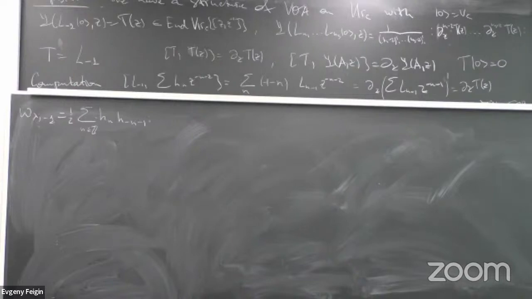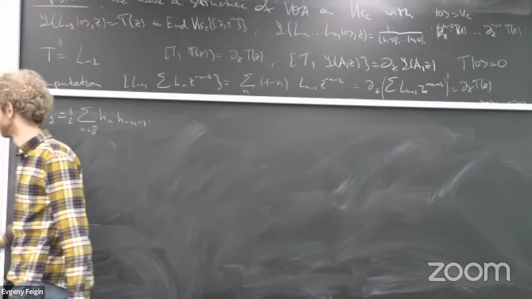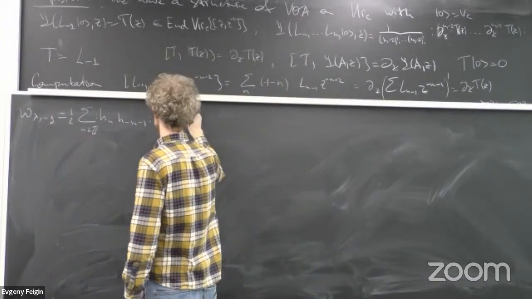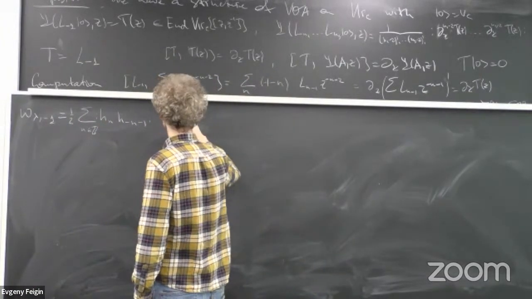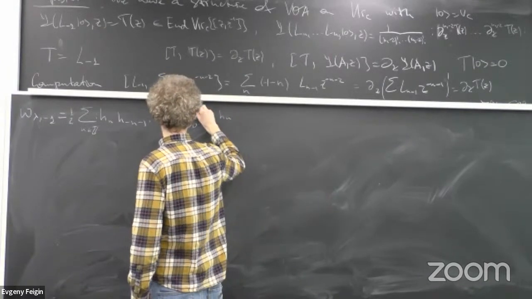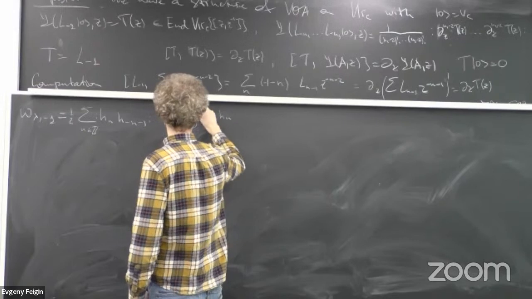Okay, yes. And we have no derivative coming in. Well, and this guy is nothing but the sum over n greater than 0, hn, h minus n minus 1.